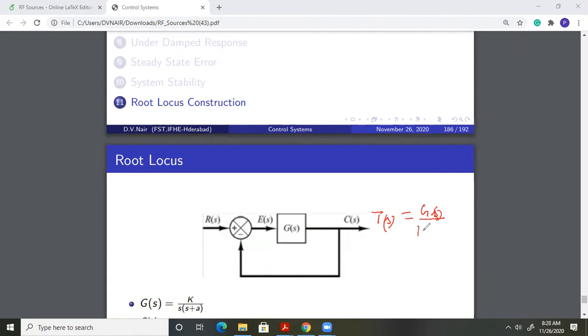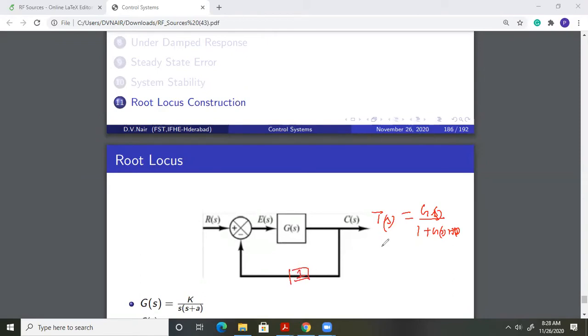It will be G of S upon 1 plus G S. I will attach H S also. Anyway, H S is unity here, in a unity feedback control system.